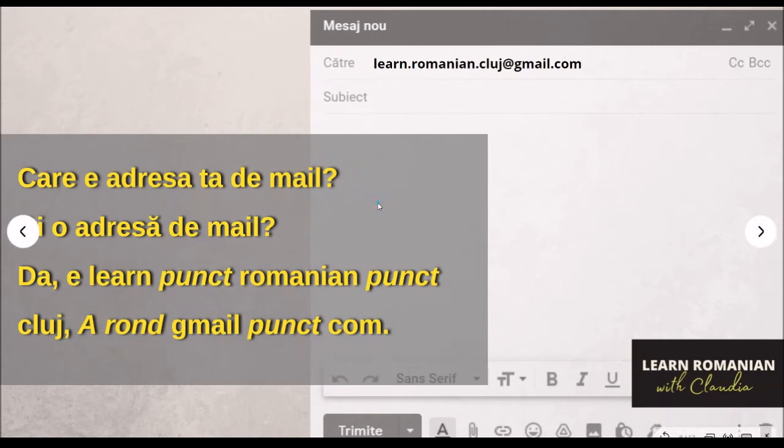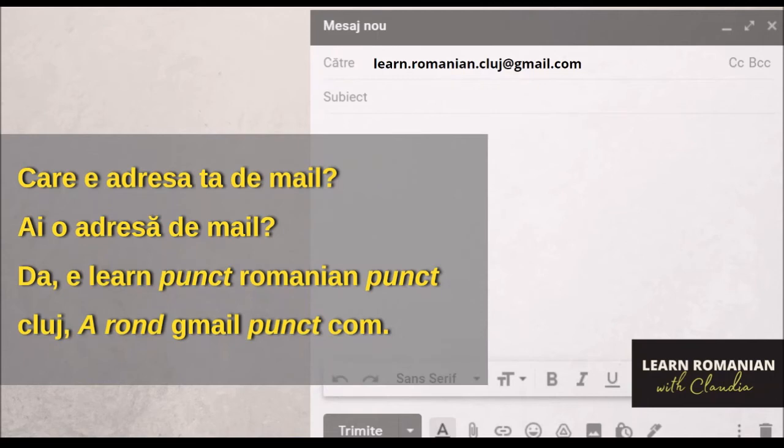That's like saying address your of mail. So this is the word order that's specific to Romanian. We don't say your email address, we literally say the address your of mail. Care este adresa ta? Ta means your, de mail.